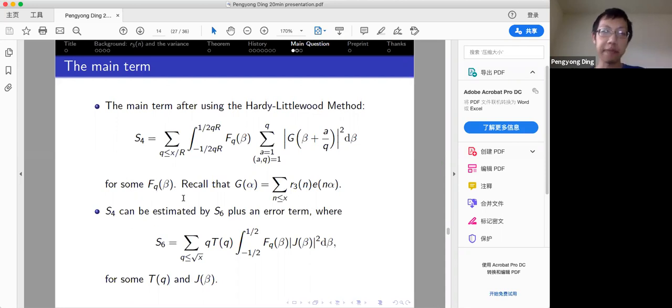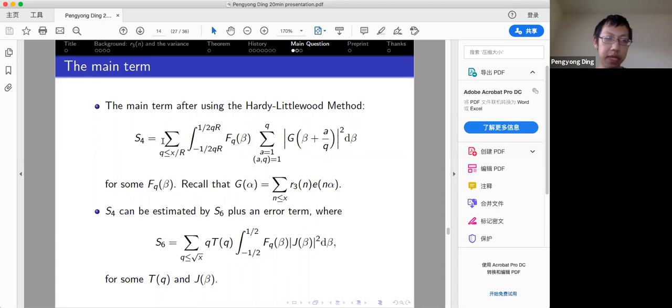And in order to get S5, we need to replace the sum of mod g squared by q times t of q times mod of j of beta squared. And in order to get S6 from S5, we need to change the interval of integration from -1/2q to 1/2q to -1/2 to 1/2.